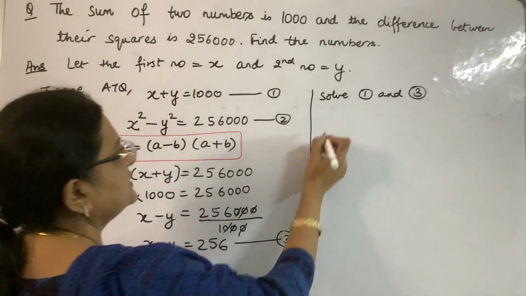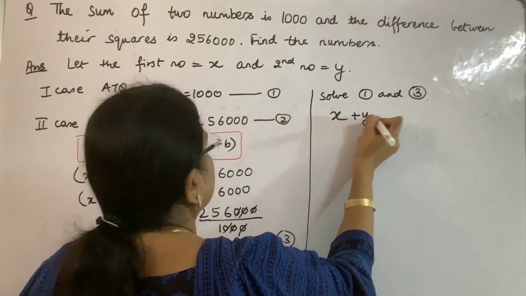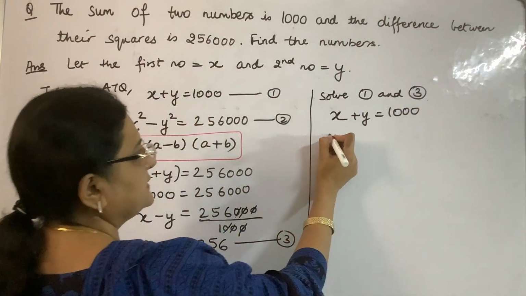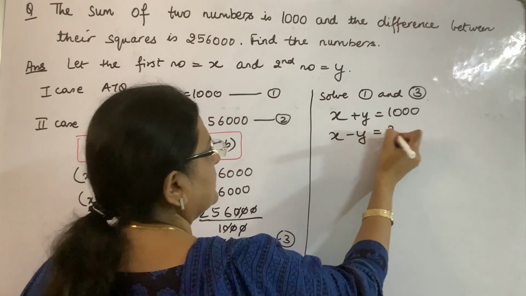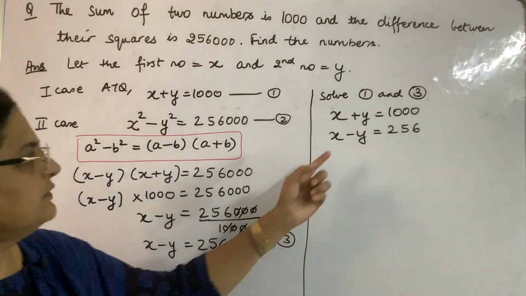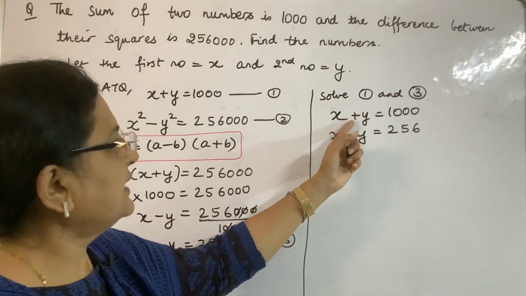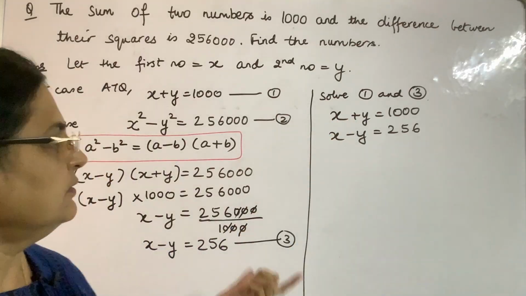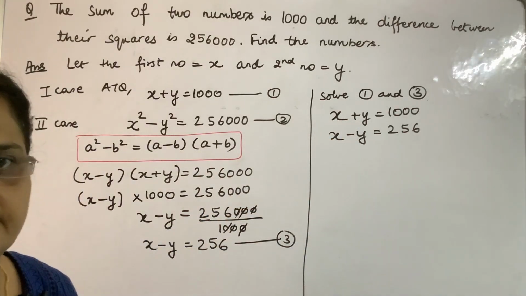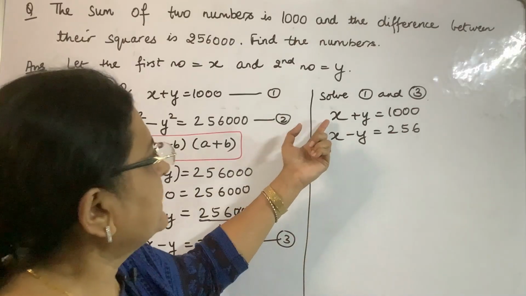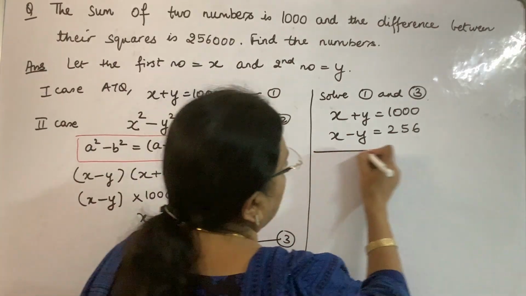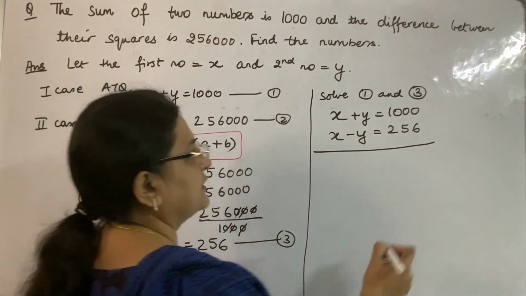Write it down: x plus y is equal to 1000 and x minus y is equal to 256. You can see the coefficient is 1 here and 1 here also, but we can directly add them because the signs are different. If you want to eliminate x, you can subtract them, but I am eliminating y.